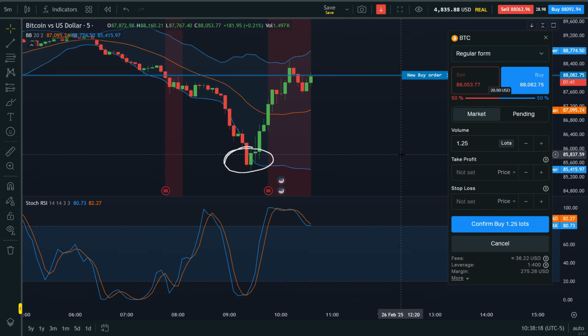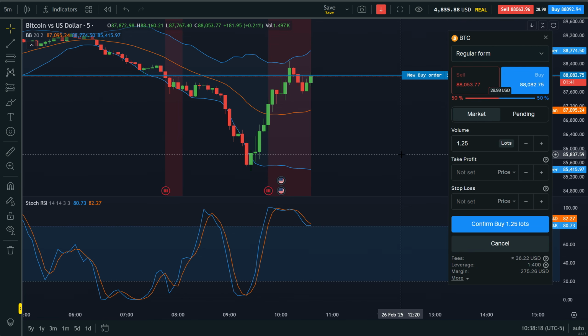Notice how the price touched the lower Bollinger Band, used it as a support level, and then made a strong reversal to the upside. It continued moving up until it reached the upper Bollinger Band, which is now acting as resistance. This tells me that the market is likely to reverse again from this level. Since the price is reacting exactly as expected, this is my opportunity to catch the movement at the right time and make a profitable trade.